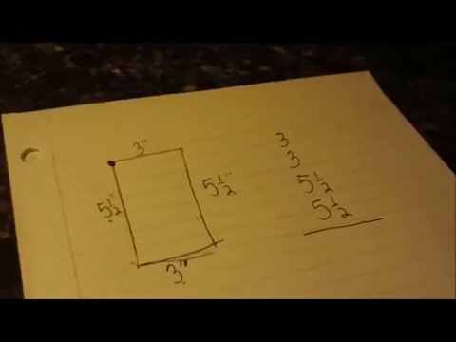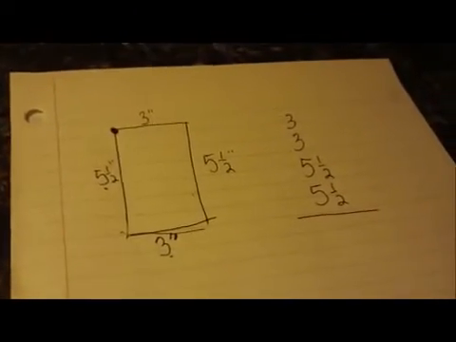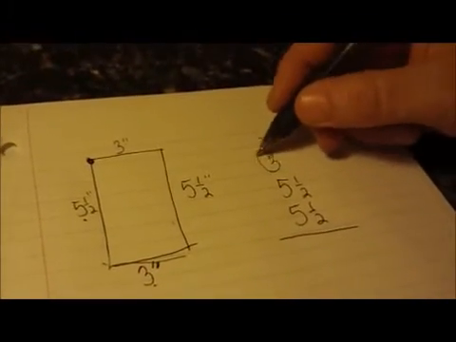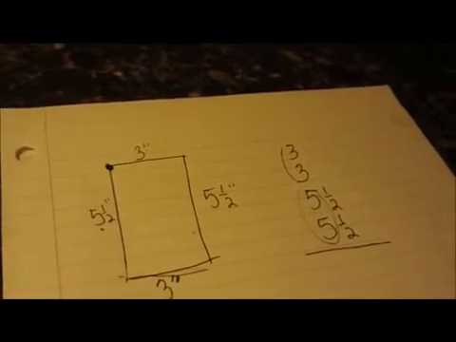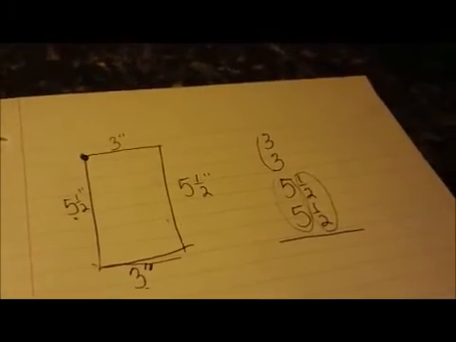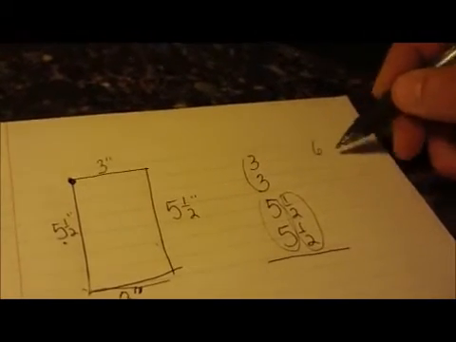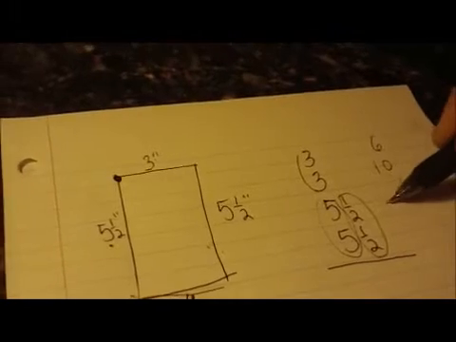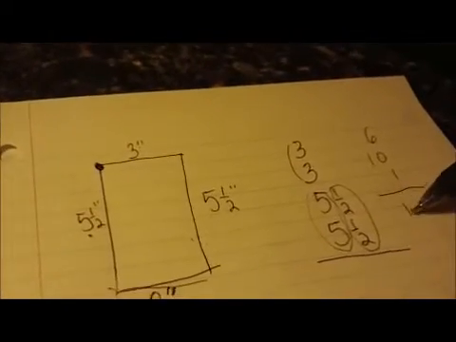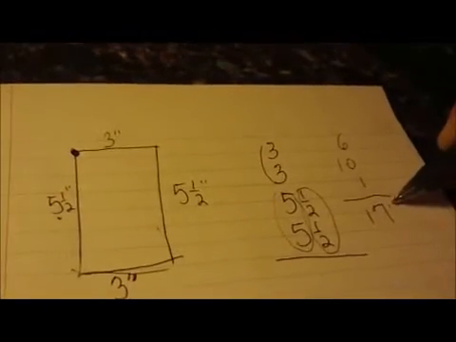We can chunk that any way we want to. If I want to, I can say that together is 6, these together are 10, and these together are 1. So if I wanted to, I could rewrite this as 6 plus 10 plus 1. And that gives me a total of 17 inches.